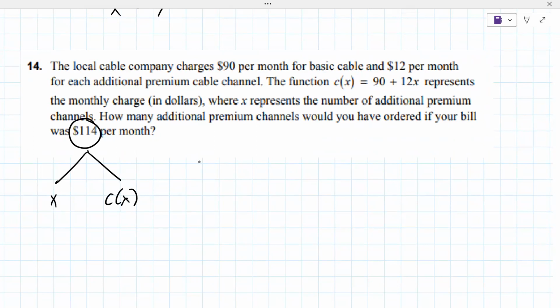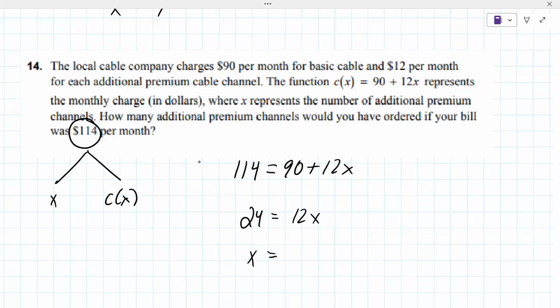It's C of x, so it's 114 equals 90 plus 12x. Subtract 90 from both sides. You're left with 24 equals 12x. Divide by 12. Divide by 12. X equals 2.